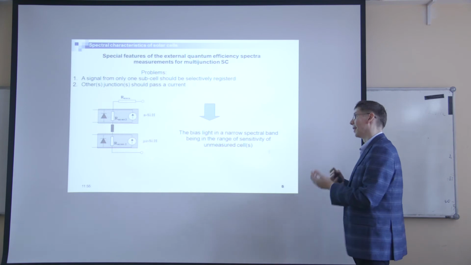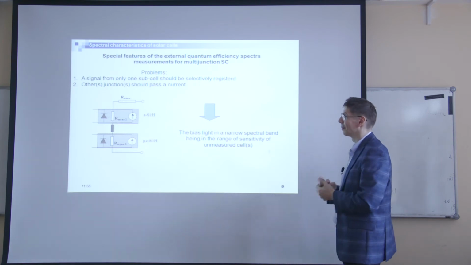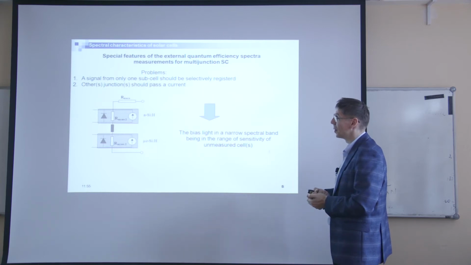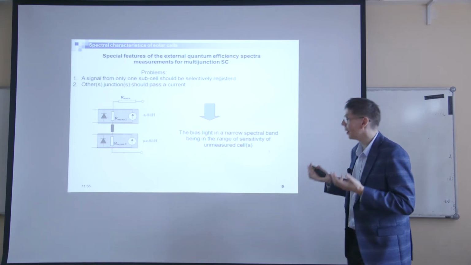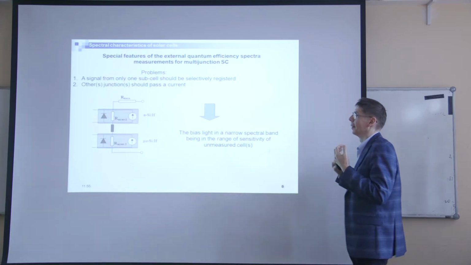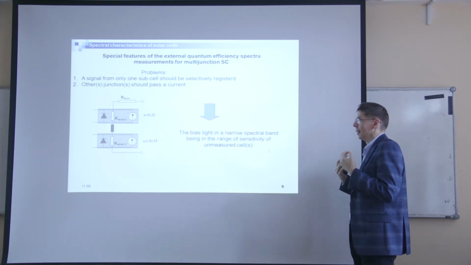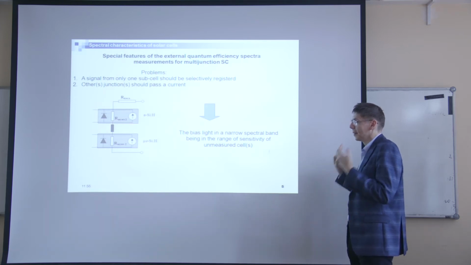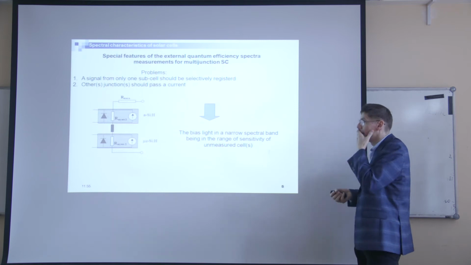You can get some additional potential barriers. So it's not a good way. And actually, the main task is to measure the real solar cell, I mean the multi-junction solar cell.